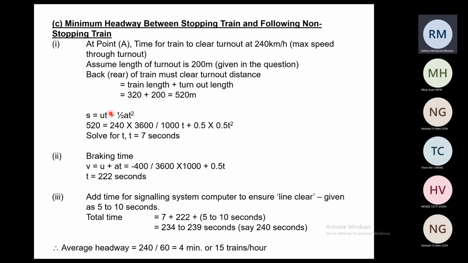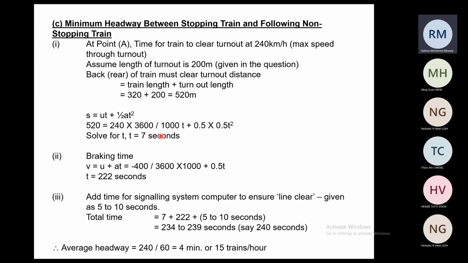So if you use this acceleration equation, it will clear a distance of 520, and the initial speed entry is 240. And because you are decelerating to go back to the station, you have to use the deceleration, then convert that into seconds, you'll get 7 seconds.